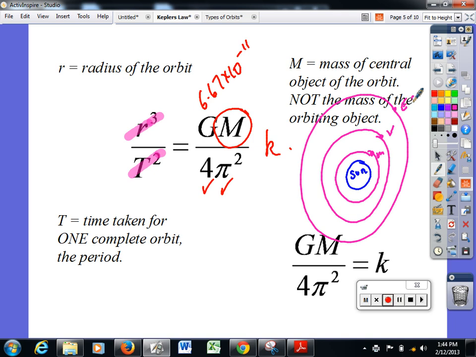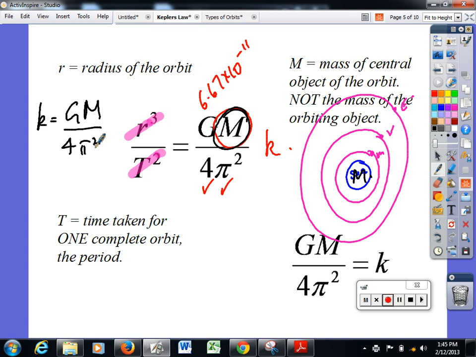What do Mercury, Venus, and Earth all share as the central object of their orbit? The sun, which would have its capital M. So for a whole series of bodies, this M stays the same. Is that making sense? So that K, where K equals capital G M on 4 pi squared, stays the same as long as we're all orbiting the same object. Are we okay with that?